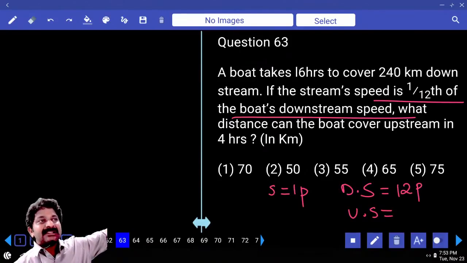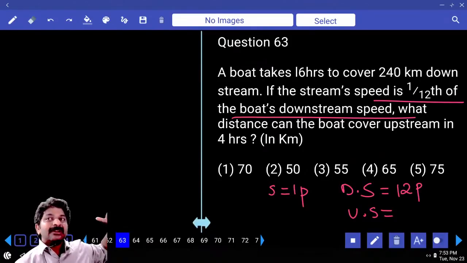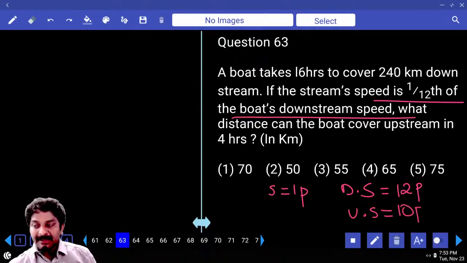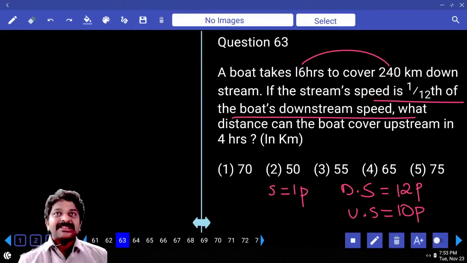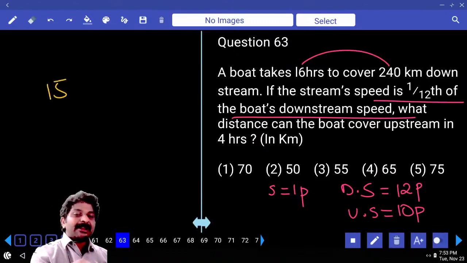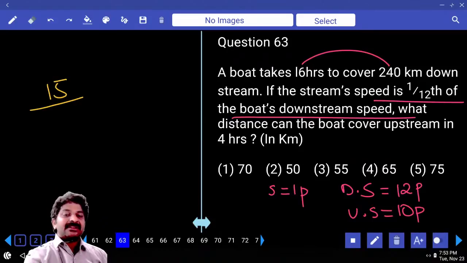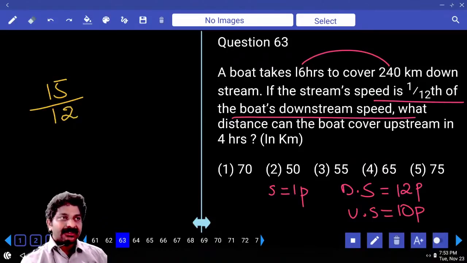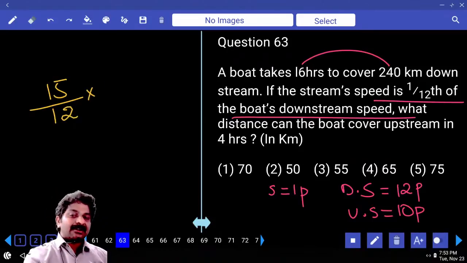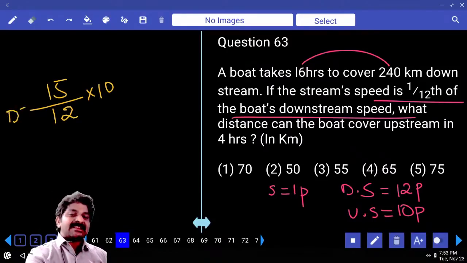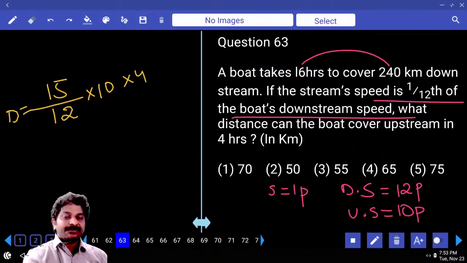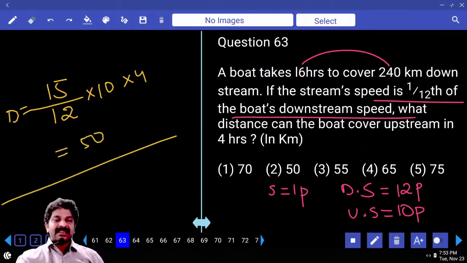How much is s? 1 part. 2s? 2 parts. Subtract 2 parts from 12 parts. That is equal to 10 parts. Downstream speed is equal to 240 divided by 16. How much is that? 15 km per hour. In terms of number of parts, 12 parts. Then 1 part is equal to this much. Upstream speed is equal to 10 parts into 10. That gives you the upstream speed. We want to calculate the distance covered in 4 hours, into 4. Answer 50. Done. Single line answer.